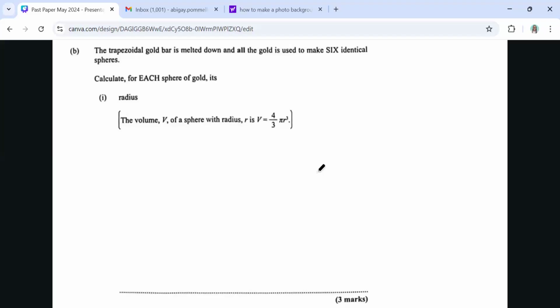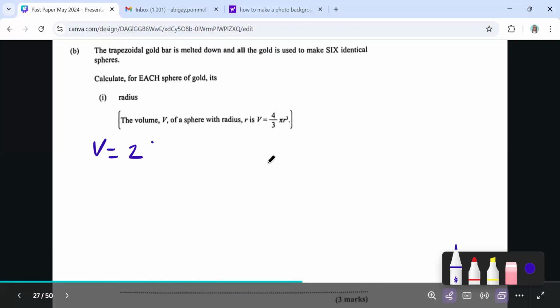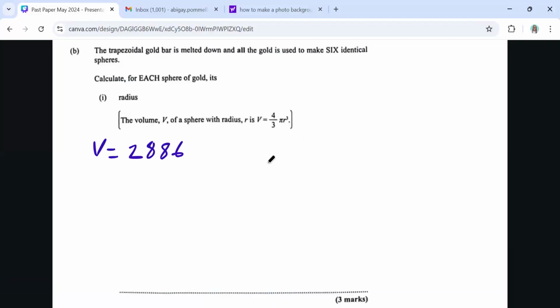All right, first, we know the volume of the prism. Good. And that was about, hold on, let me go back, 2886. Good. Now, since it is divided up into 6 identical spheres, this is the volume of one sphere.